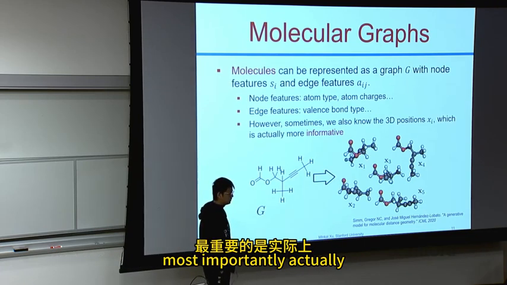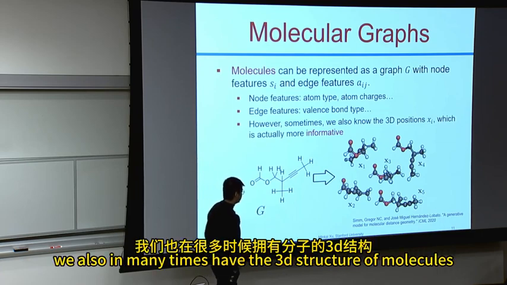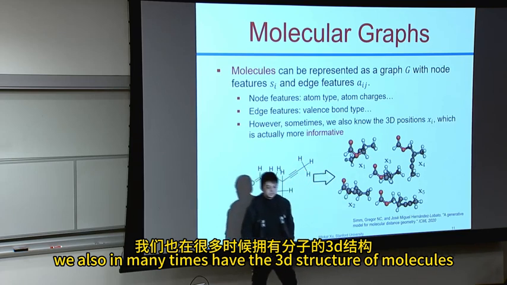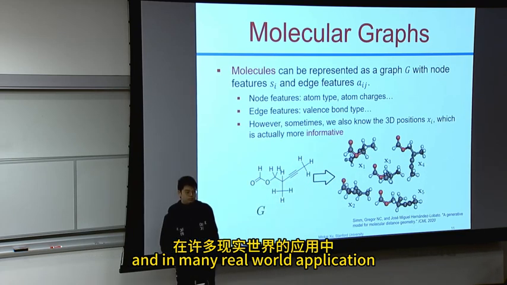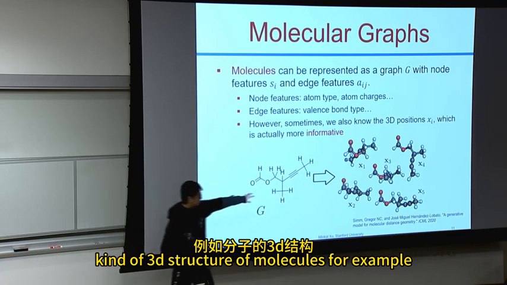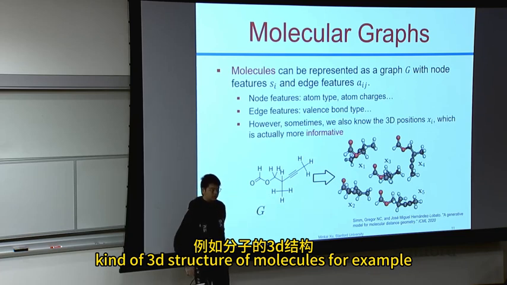But most importantly, in many times we also have the 3D structure of molecules. And in many real-world applications, we are very interested in this kind of 3D structure of molecules.